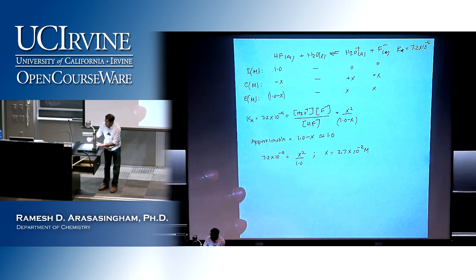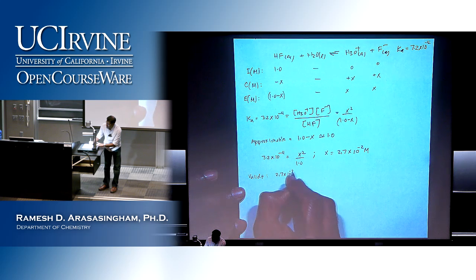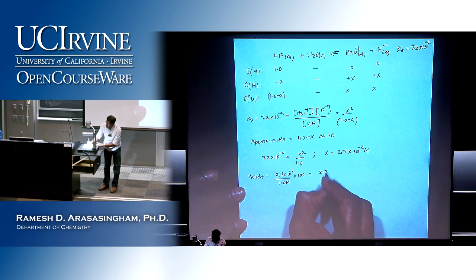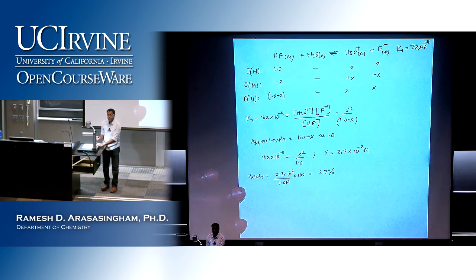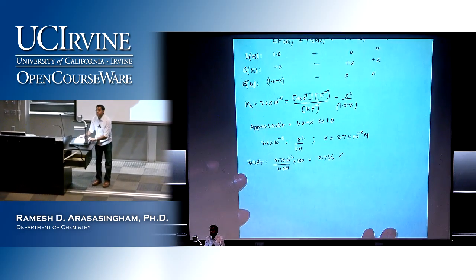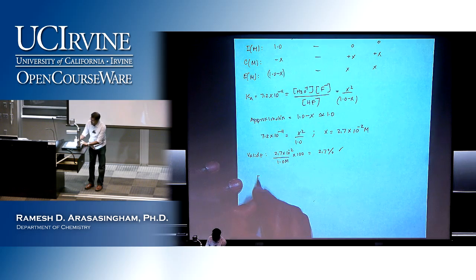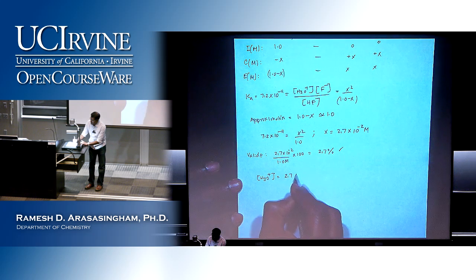All right? And if you check validity, you can see that it's 2.7 times 10 to the negative 2 divided by 1 molar times 100, which gives me 2.7%. So once again, we're okay. That number is really small. We can ignore it. And therefore, now I can say my hydronium ion concentration would be 2.7 times 10 to the negative 2 molar.